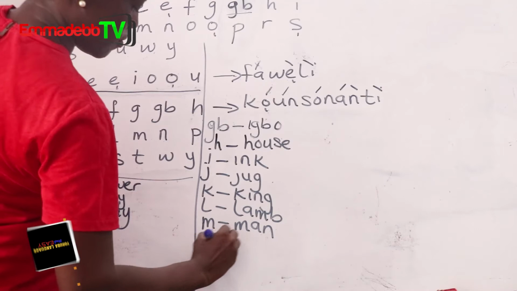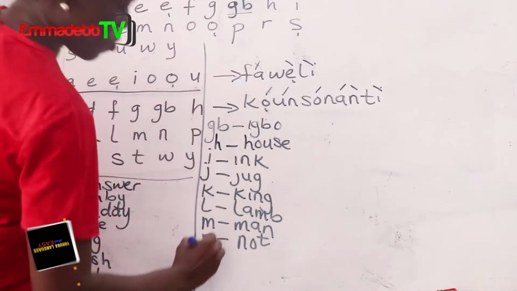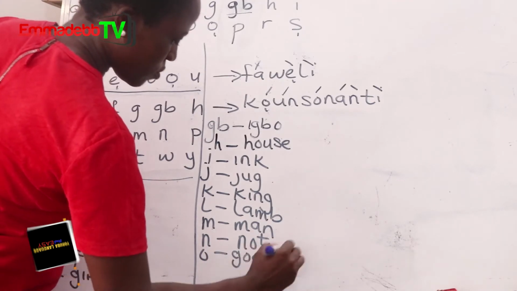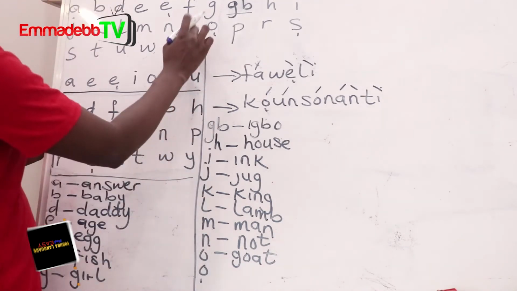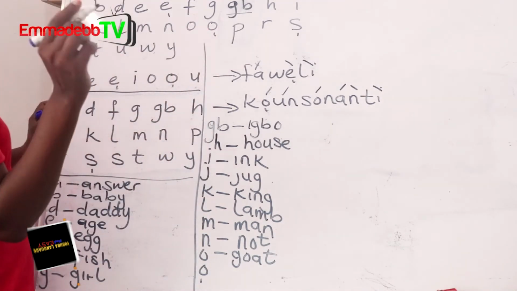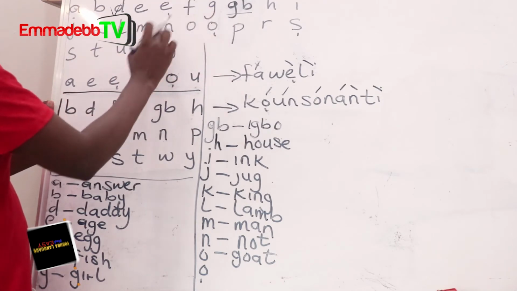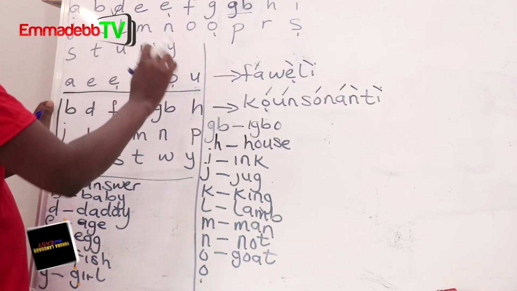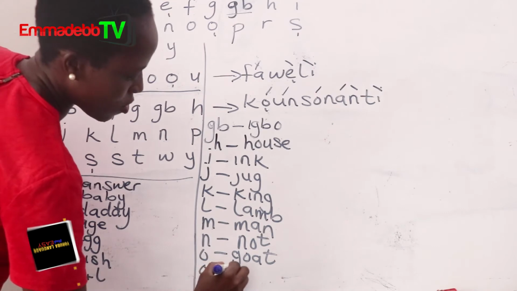N as in not. This O is the O that we have in goat. You see that the two of them look alike, but they are not pronounced the same way. Like the two A's, the two O's are also the same. It is just that this sign differentiates them, and we don't pronounce them the same way. This is O as in orange.